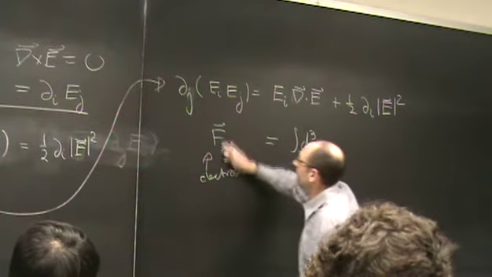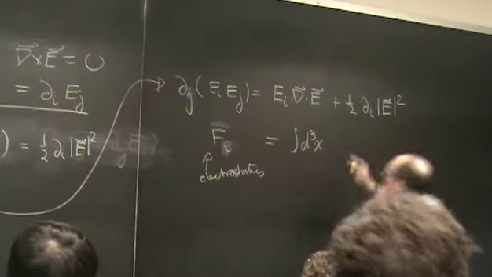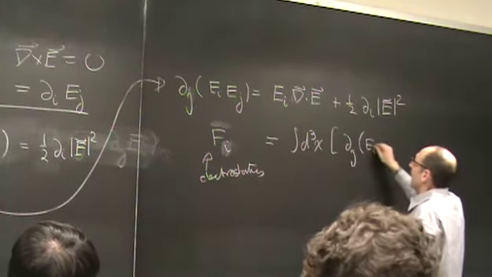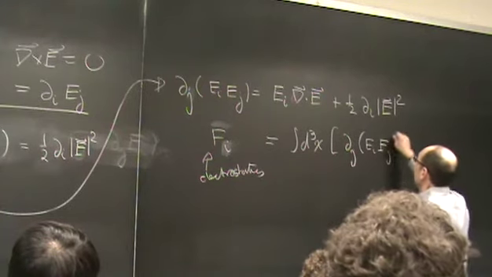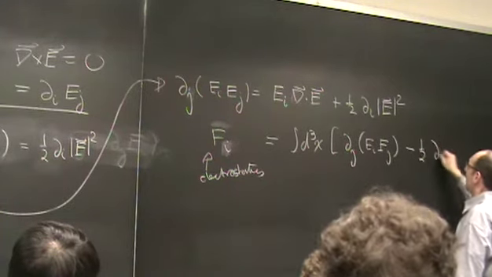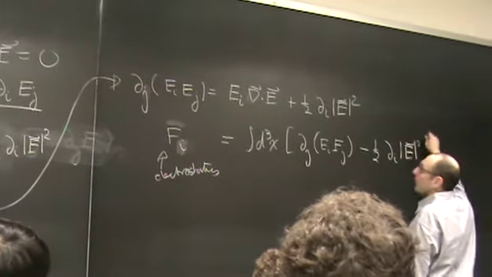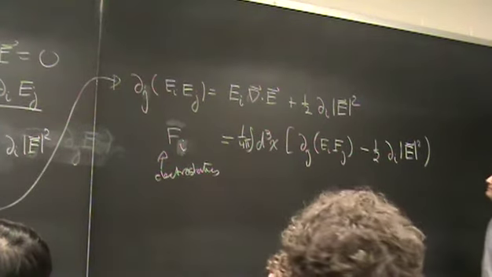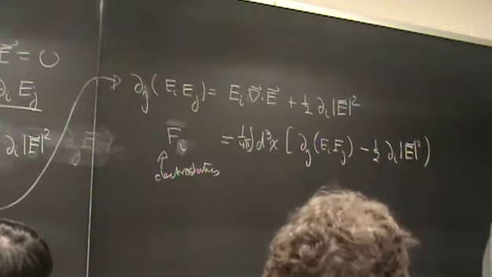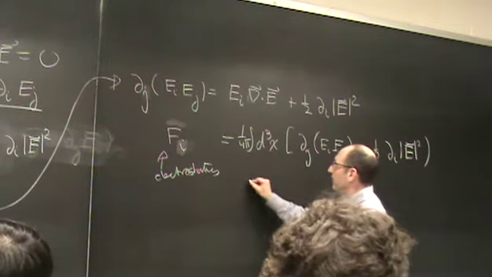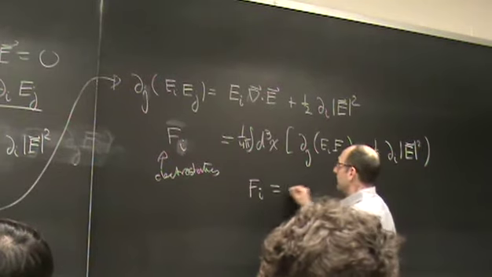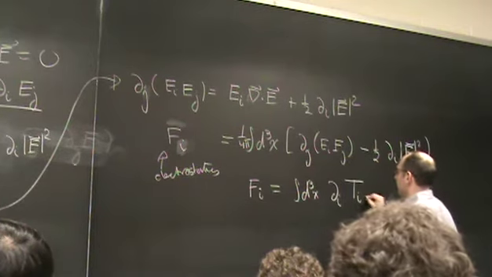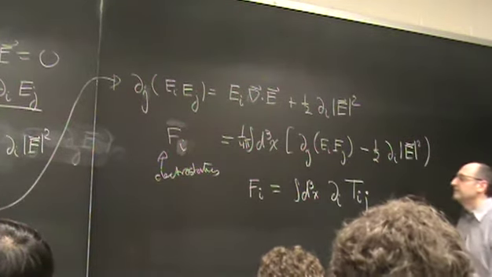We have del dot E is equal to this minus that. So let's look at the i component, because I don't want to get too many things at once. It is equal to partial j of E_i E_j minus 1/2 partial i of E squared, all over 4 pi. So, what we have is the following. F_i is equal to the integral over all space, partial j of a tensor that's called the Maxwell stress tensor.